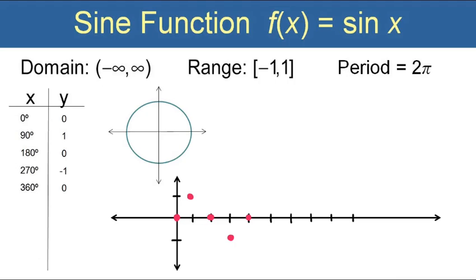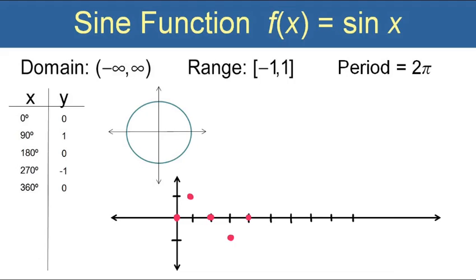So take a look at this. If you think about just the y-coordinate, because remember sine equals the y-coordinate, then what's happening is the y-coordinate goes from 0 to 1 to 0 to negative 1 back to 0. If we go around the circle again, that same sequence is going to repeat: from 1 to 0 to negative 1 back to 0.